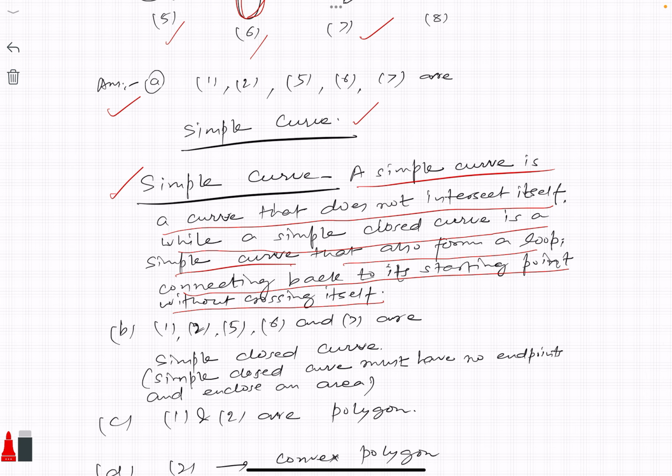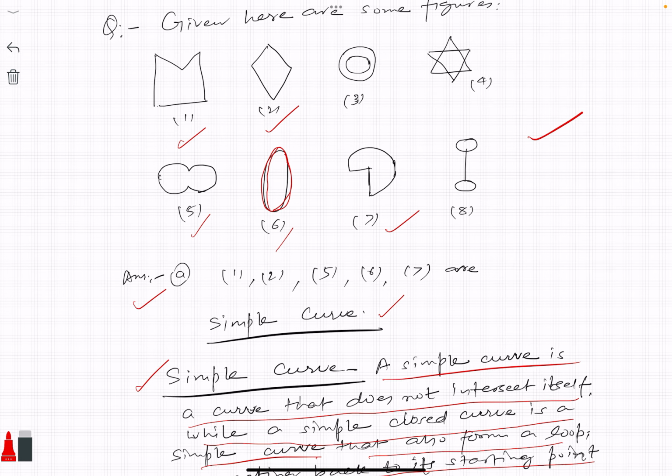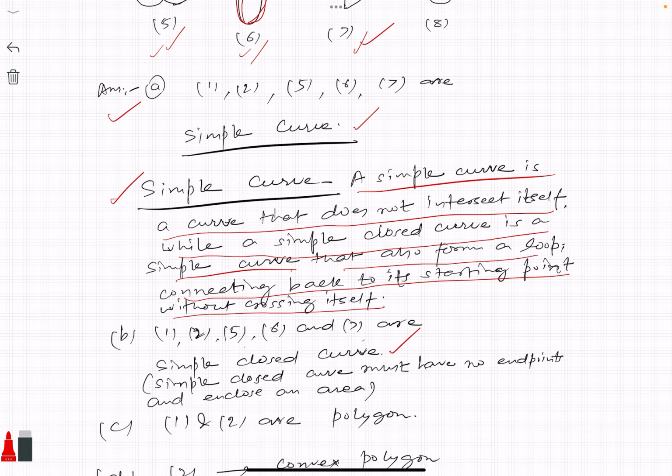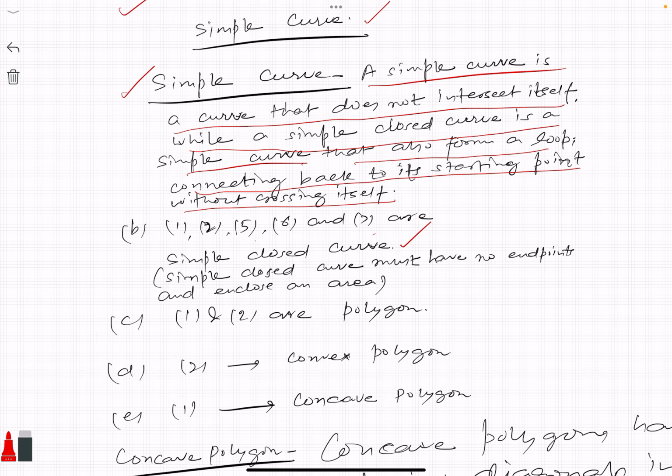So 1, 2, 5, 6 and 7 are simple closed curves. A simple closed curve must have no endpoints and enclose an area. Okay.